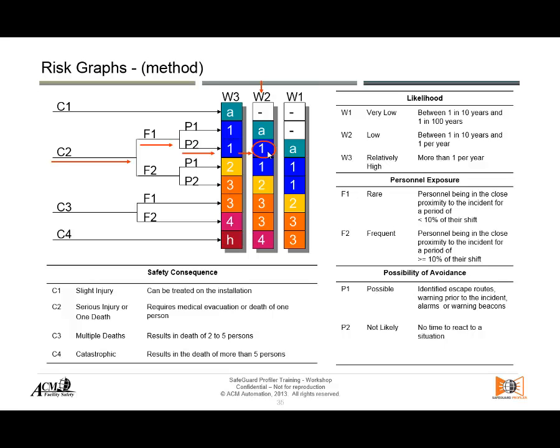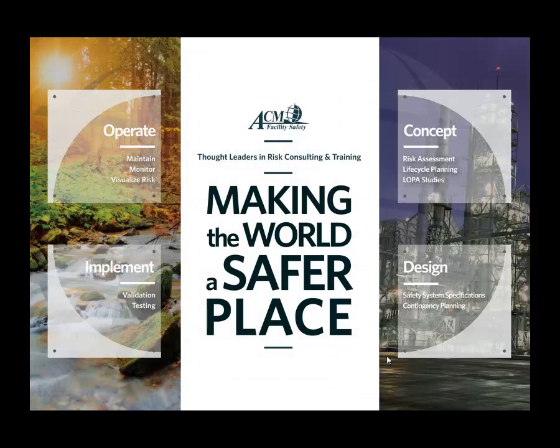Is there already a trip from the basic process control system or from the DCS that is independent? So if it is there, I'd much rather take that and take a risk reduction of 10 instead of adding maybe a safety implemented function with SIL level 1. So those are the decisions, and that's what happens pretty much in the sessions, and this would be one of those methodologies that SafeGuard Profiles offers for you.